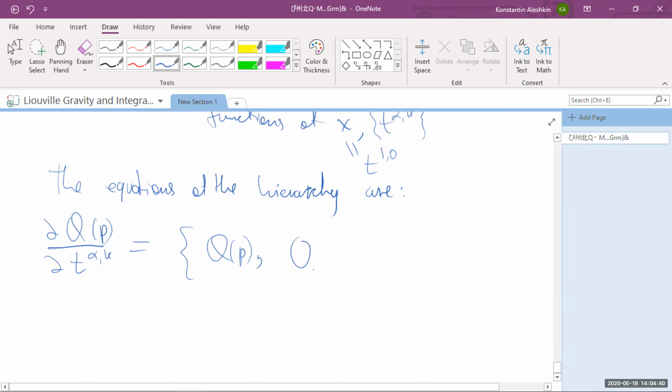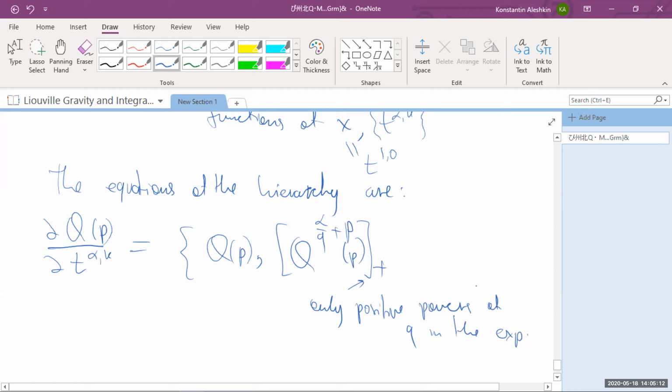And so we take a fractional power of this polynomial, which will contain negative powers. And then we take only the positive powers in the expansion of q. And the Poisson bracket is just defined to be Poisson bracket of p and x is 1.